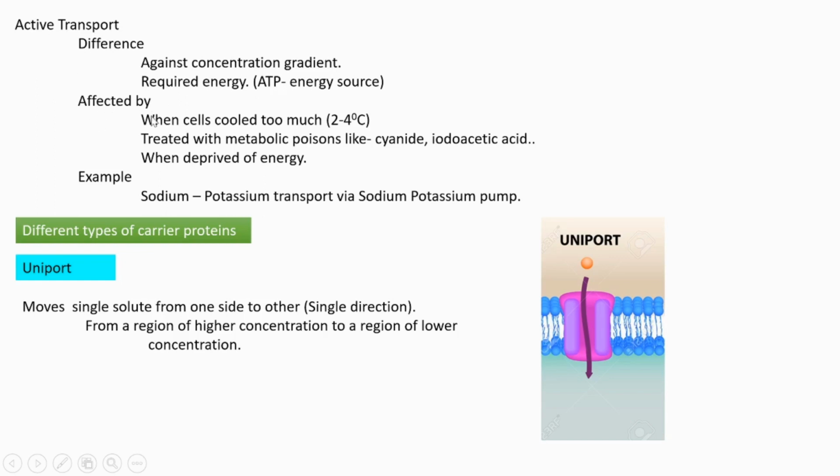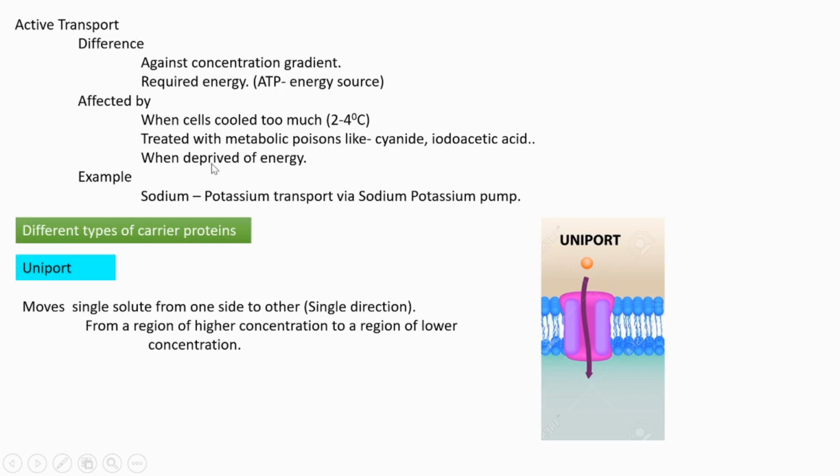Next, this active transport is affected by certain conditions. First one is when the cell is too much cooled. That means if the temperature is 2 to 4 degrees Celsius, then active transport will not take place effectively. Also if the cell is subject to poisons like cyanide or iodoacetic acid, then active transport is very much hindered.